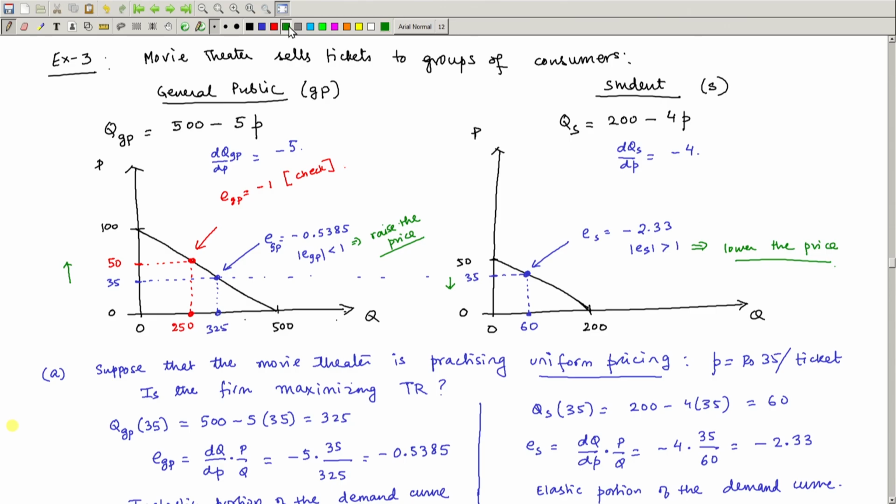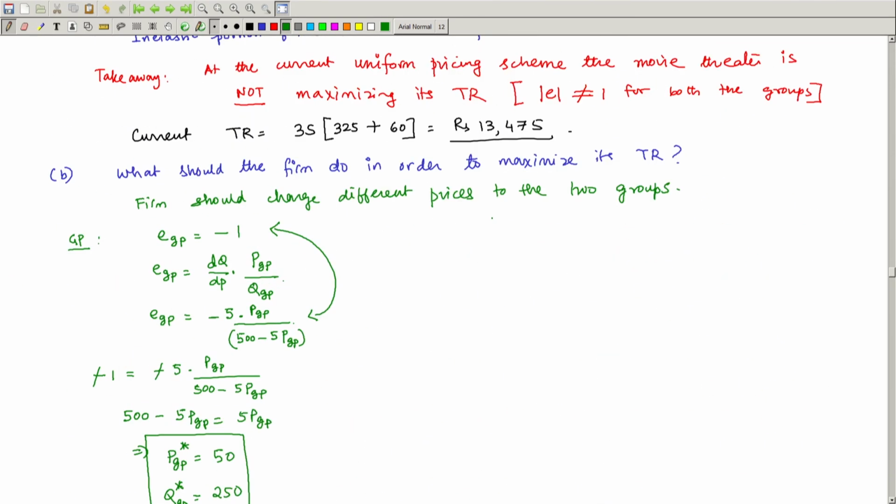Similarly, let us compute the exact price that I need to charge for the student group. So, for the student group, I want to set E_S again equal to -1, because I want to operate at the unit elastic point.